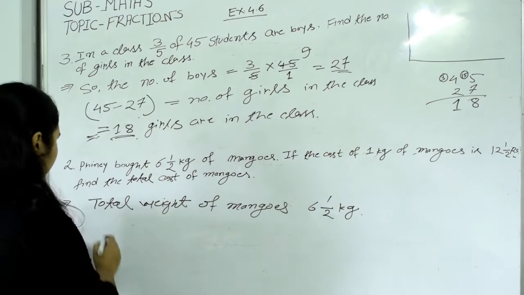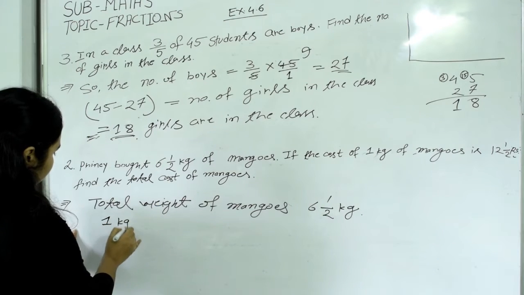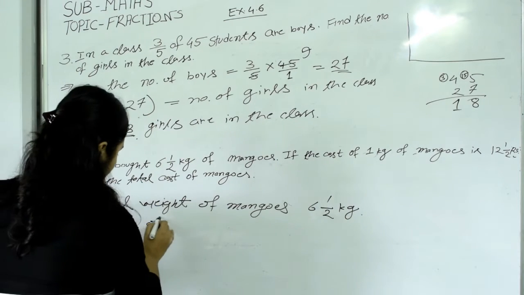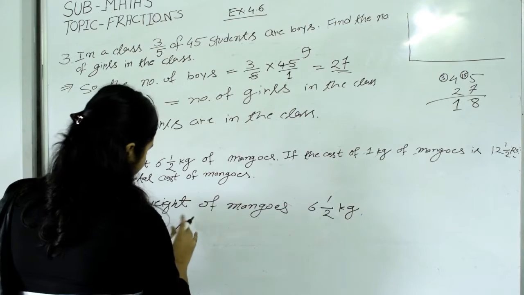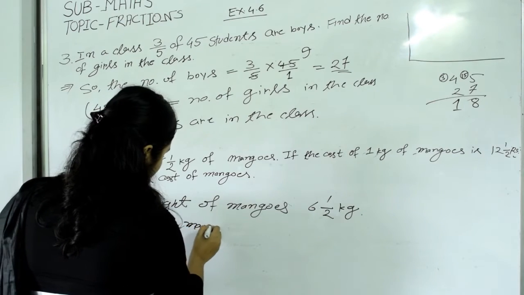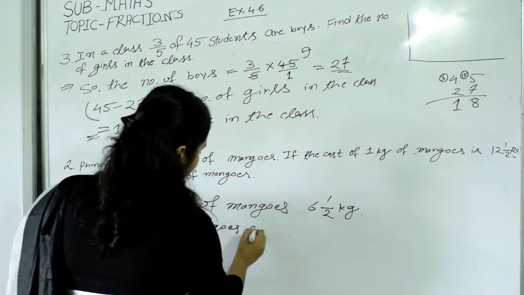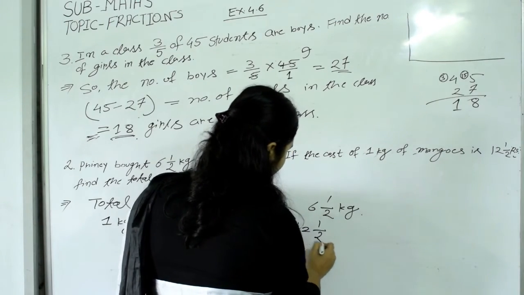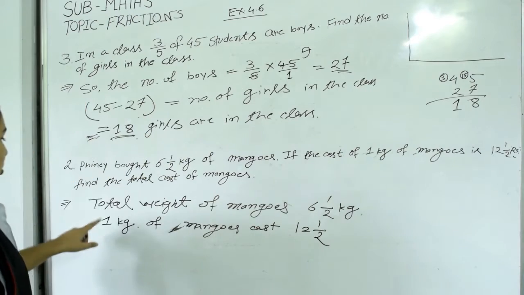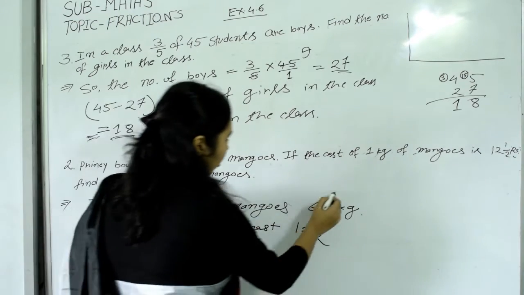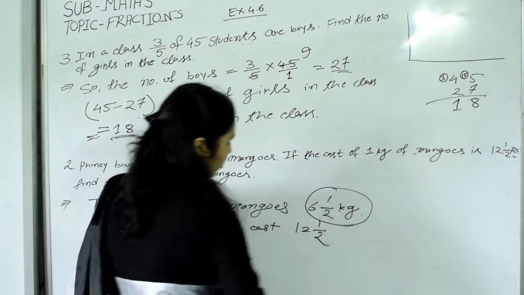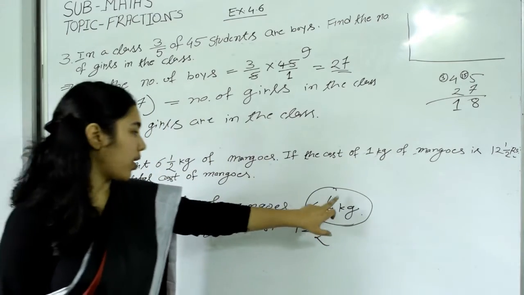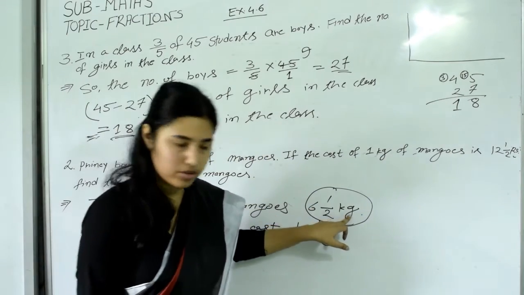Now 1 kg of mango costs 12 and 1 by 2. Right? So we have to find the cost of 6 and 1 by 2 kg of mangoes.